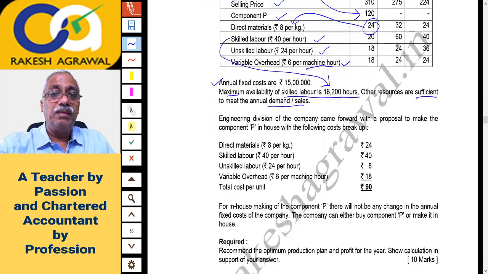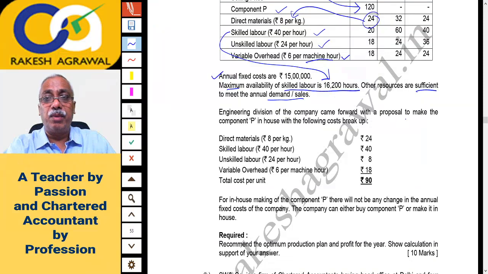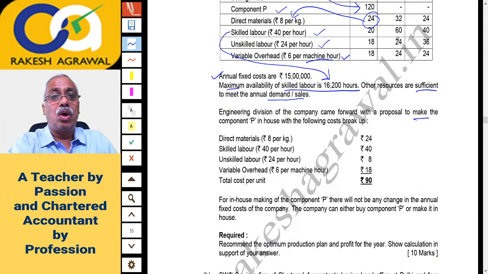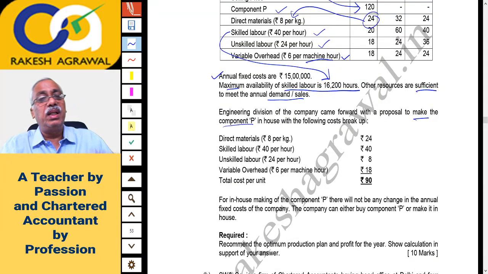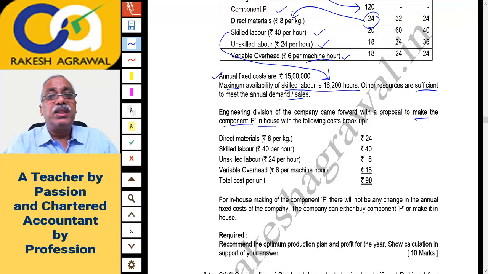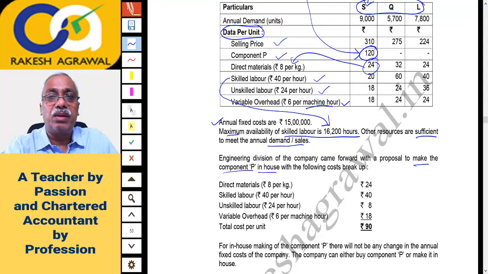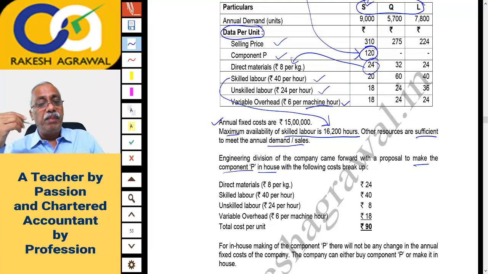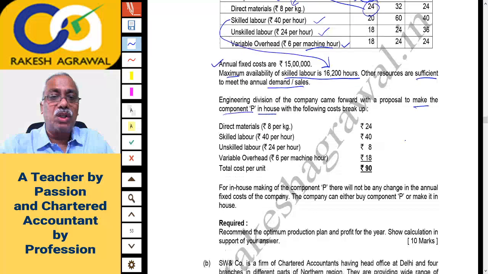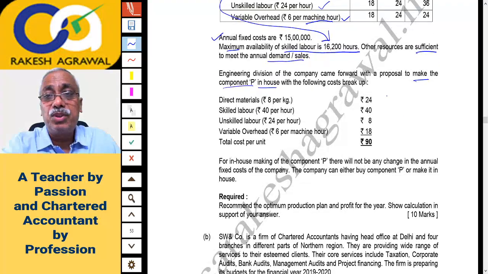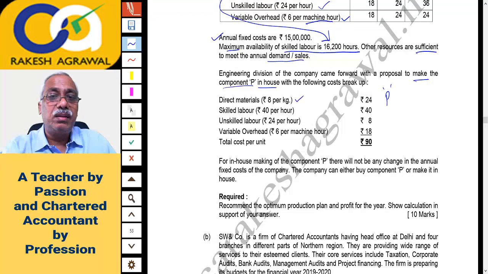Now, engineering division of the company came forward with a proposal to make component P. Engineering division is saying that we will make component P in-house. So at present you are buying the component from outside. You are buying component P at 120 rupees from outside. So they want to make it on their own, and the following is the cost breakup. Now this cost breakup is to manufacture one component P. Your direct material at 8 per kg is 24 rupees.